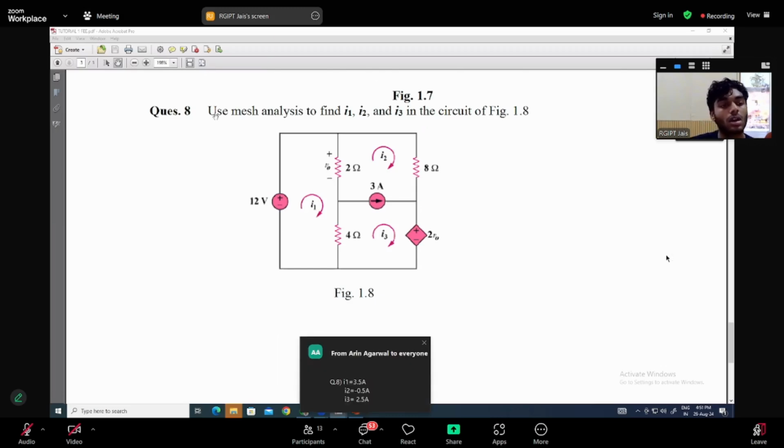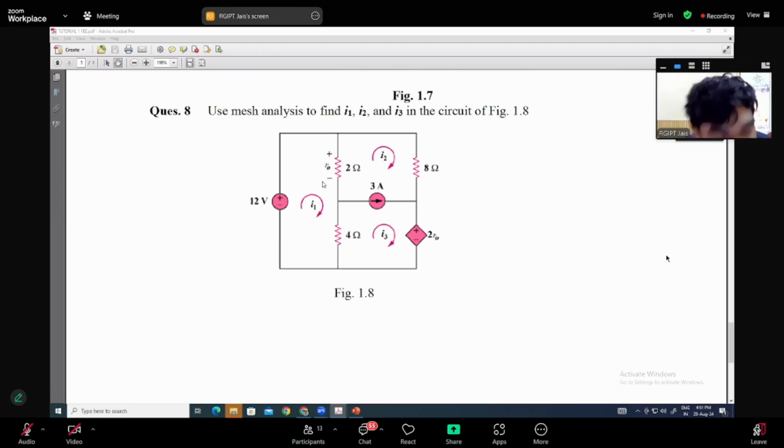If it is done, first you give me the answers for this, at least 2 to 3 people just give me the answers, then I will be taking the roll call. So only one answer I've received from Arun Agarwal.